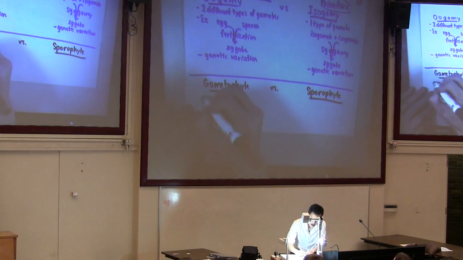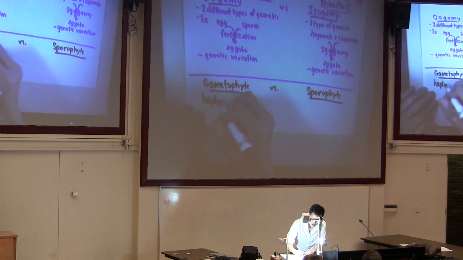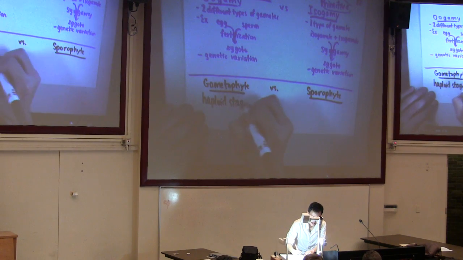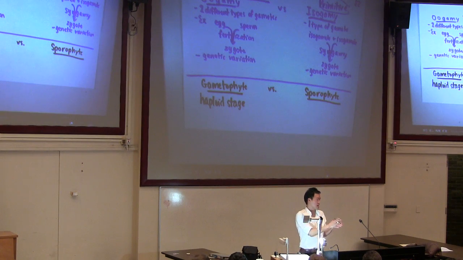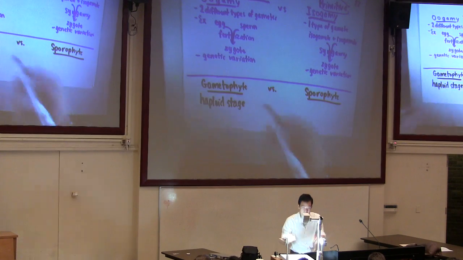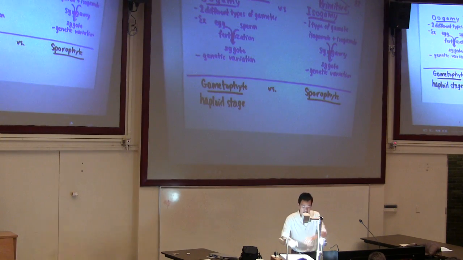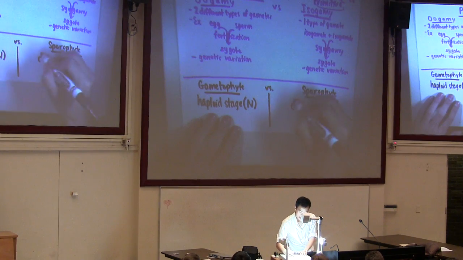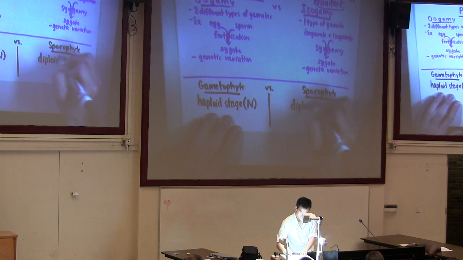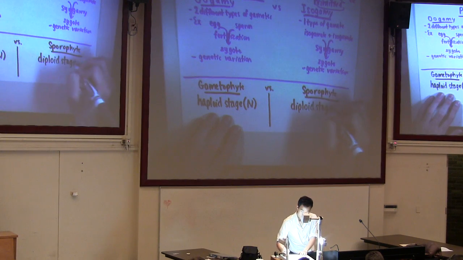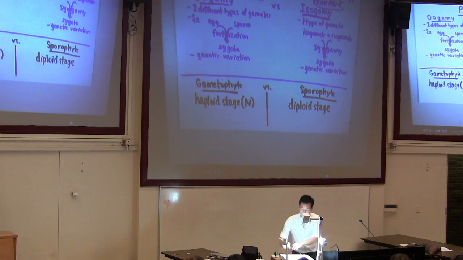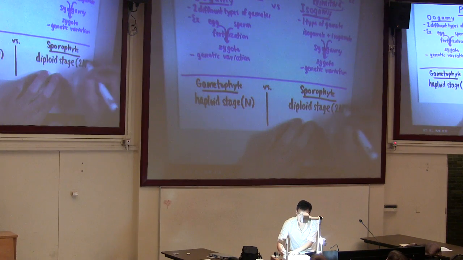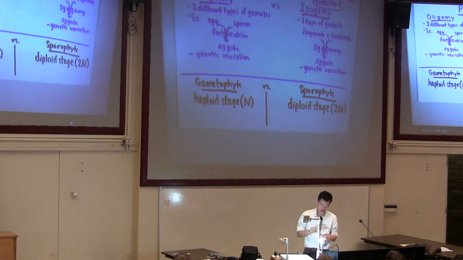So gametophyte means haploid stage, right? It's not a structure per se, it's just telling you what period of time it's in, its gametophyte stage. Anytime you see gametophyte, you have N. It's always haploid, right? Anytime you see sporophyte, that means you are in the diploid stage. Diploid stage is 2N. So your sporophyte is always 2N, okay?